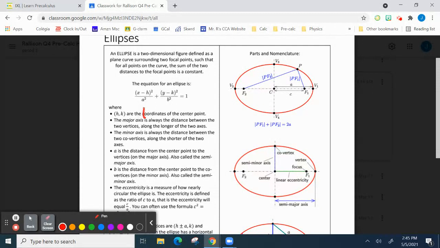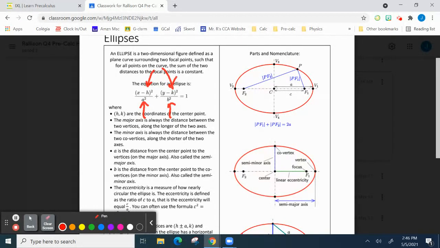So the A, for instance, doesn't always go there. A is under wherever the major axis is, wherever the longer is. And the B here is not always under Y. It's always wherever the shorter one is. But the H's and K's, they don't move, because that's just not the way this works.